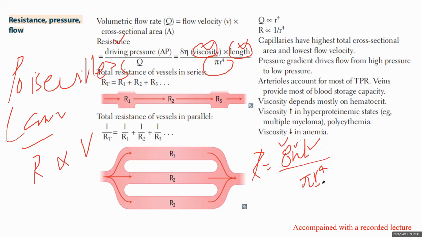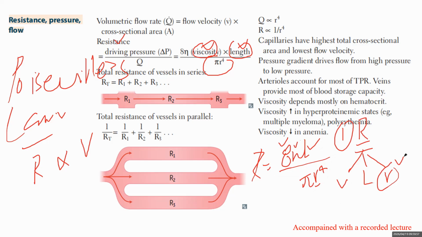Why is this equation extremely important to learn? Because it tells us that the resistance depends upon the viscosity of the blood, the length of the vessel, and also the radius of the vessel. Amongst these three, the radius is the most important one in physiological terms.